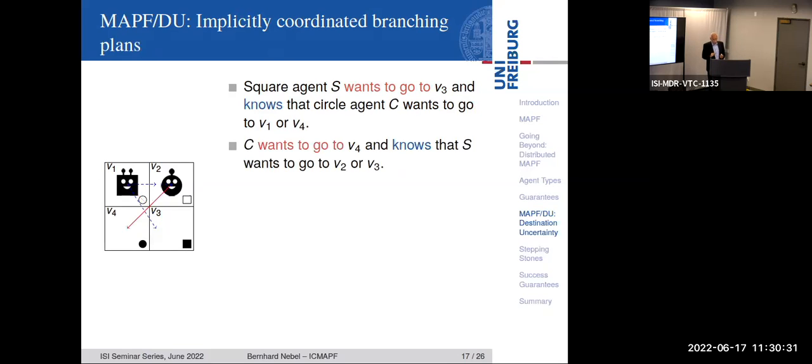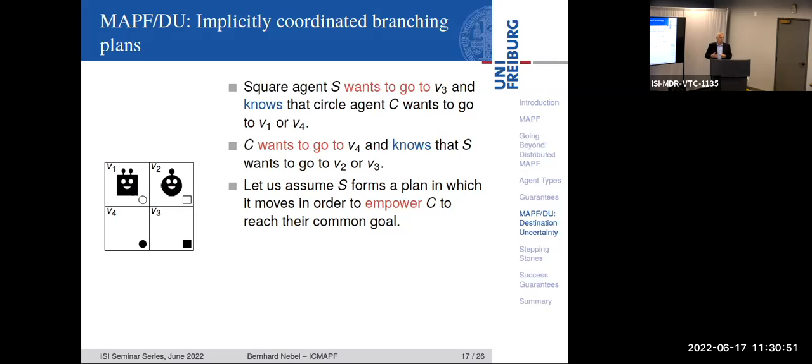On the other hand, the circle agent wants to go to V4, and it knows that S wants to go to V2 or V3. So now, can they still achieve their common goal that everybody ends up in their final destination?